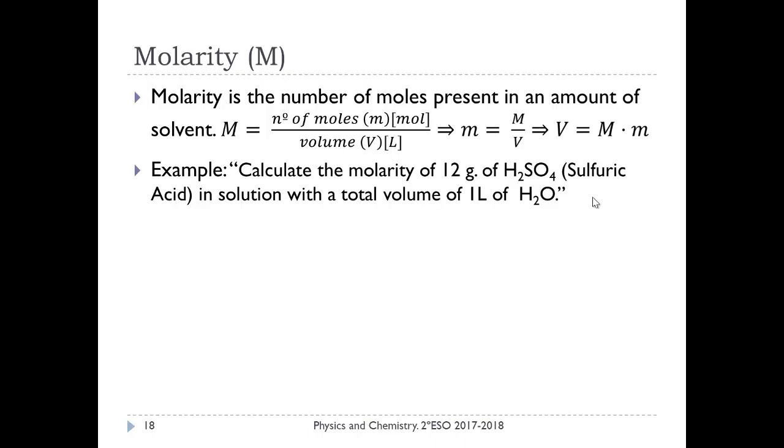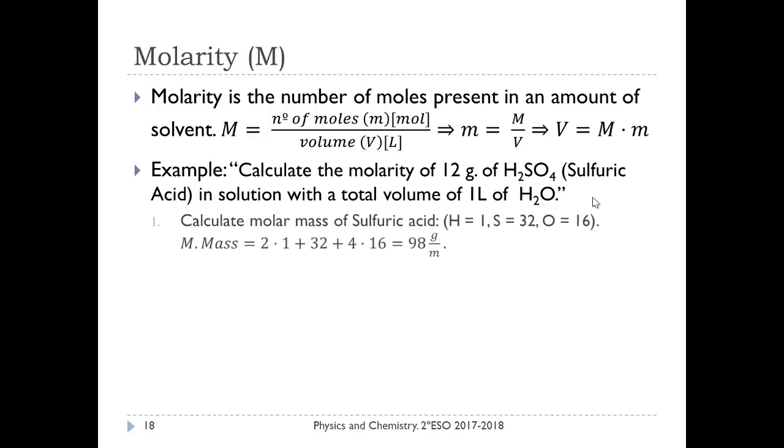A way to calculate molarity, the best way to see this is going to be an example. Calculate the molarity of sulfuric acid in a total dissolution of 1 liter of water. The first step is to calculate the molar mass of the sulfuric acid. We can have a look in the periodic table, and we'd see that the molar mass of one atom of hydrogen is 1, of sulfur it's 32, and oxygen is 16.